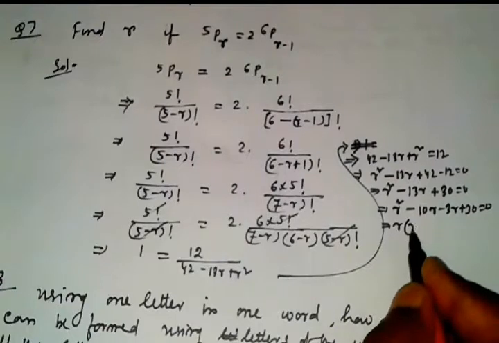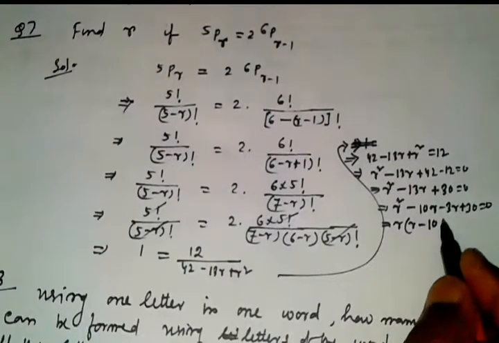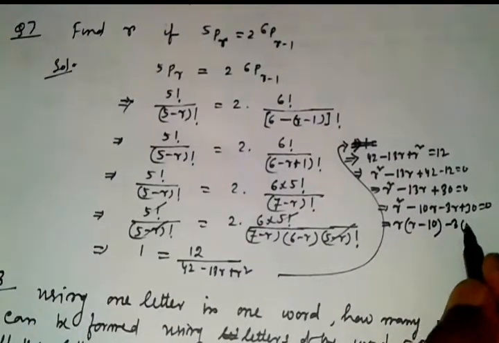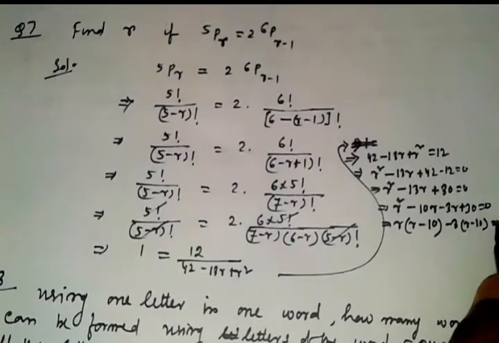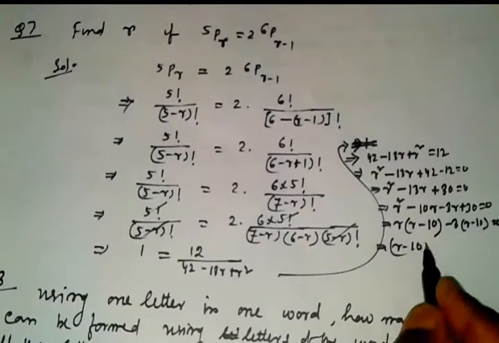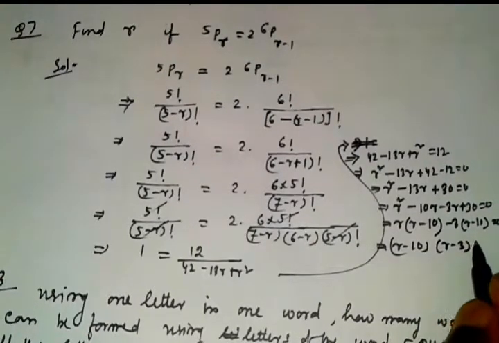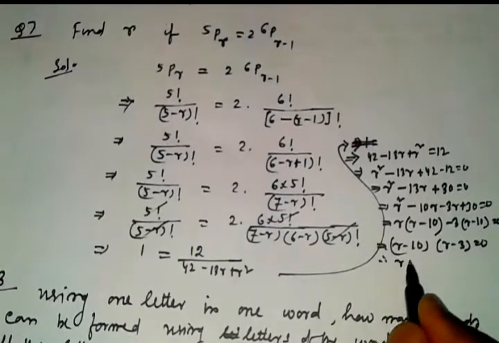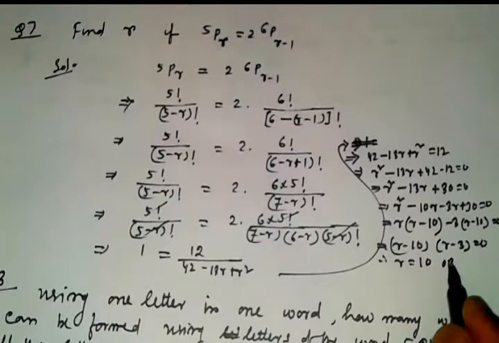We take r common: (r minus 10)(r minus 3). Therefore, r is equal to 10 or 3.